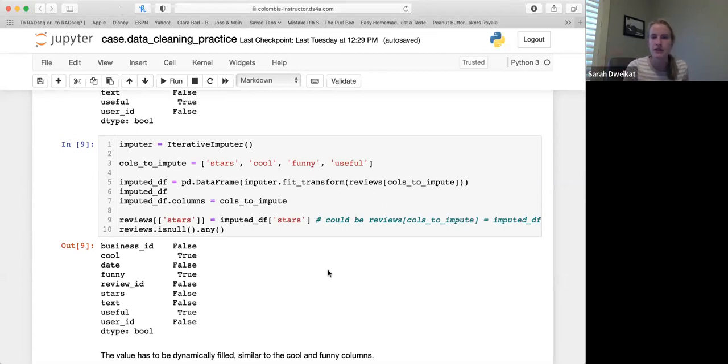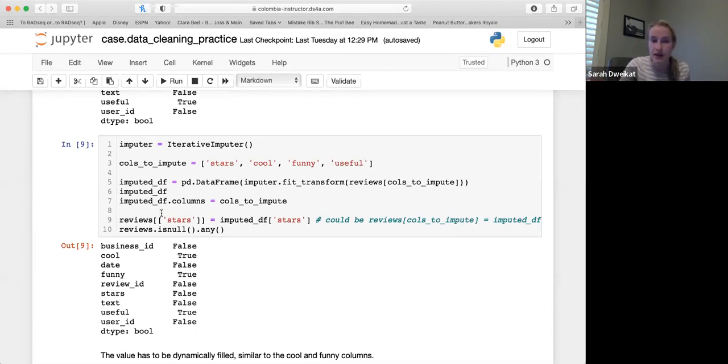So basically, an overview of what we did here, just to repeat, is that we used this function, iterative imputer, to fill in our missing data for these 4 columns based off of the data that is there.